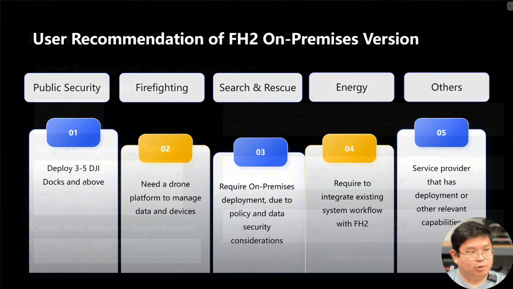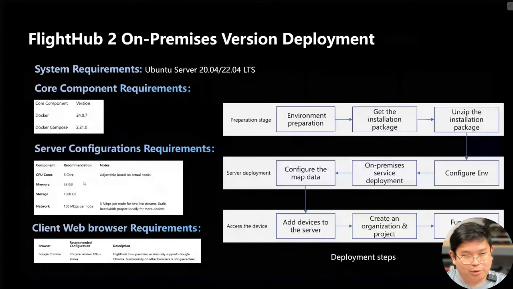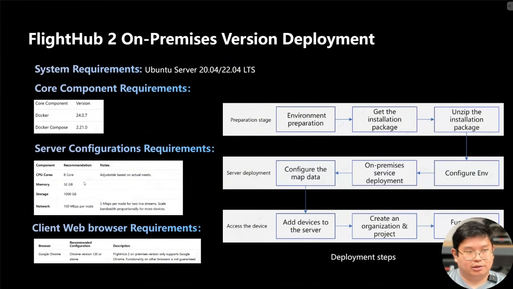When it comes to the deployment requirements, these are the requirements listed, and on the right side there are deployment steps for users to follow. But overall, on the core component requirement side, we need the user to establish an environment running Ubuntu, which is a version of a Linux operating system, on the 22.04 long-term support version with Docker installed.